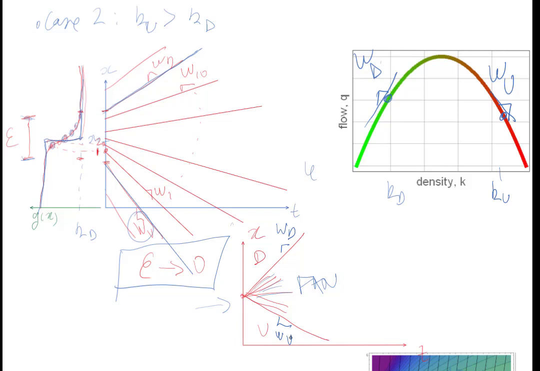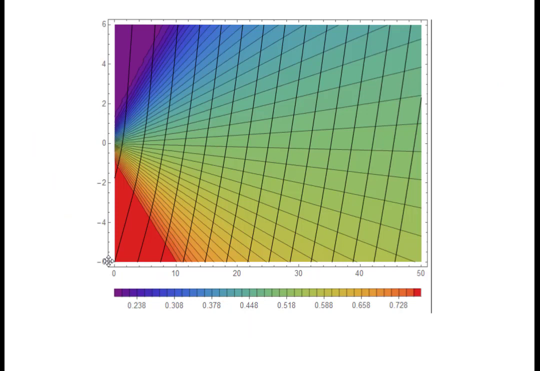Those represent the boundaries of states U and D, and in the middle we have a fan with the wave speeds given by all the wave speeds between WU and WD. So this is what you get when you solve this in the computer.